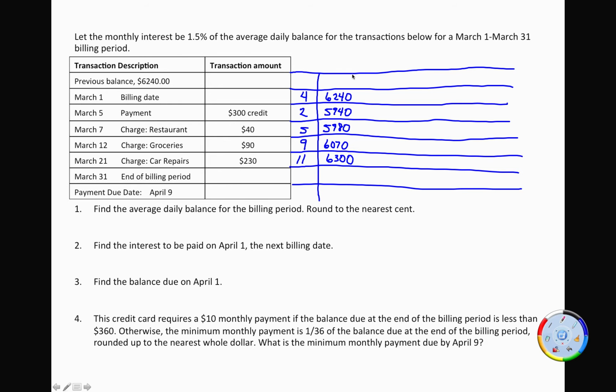Okay, so now let's add a column where we multiply these together, because for 4 days we owed $62.40. So let me get my calculator again.